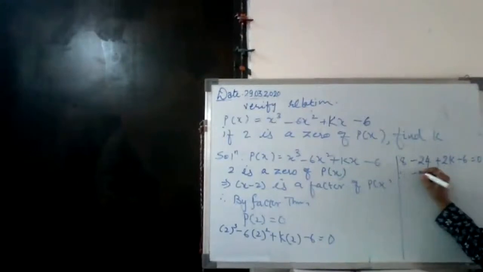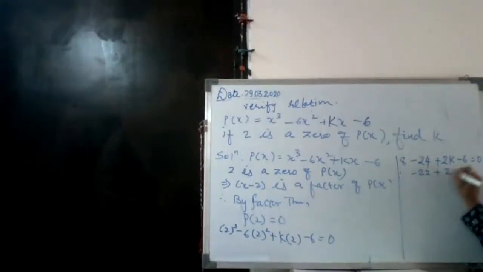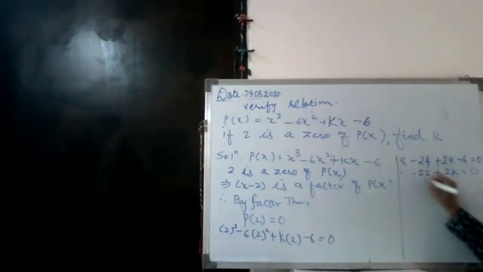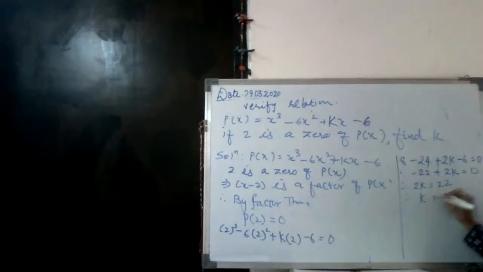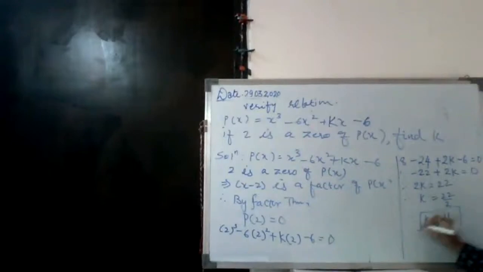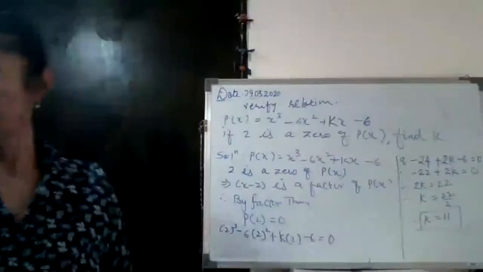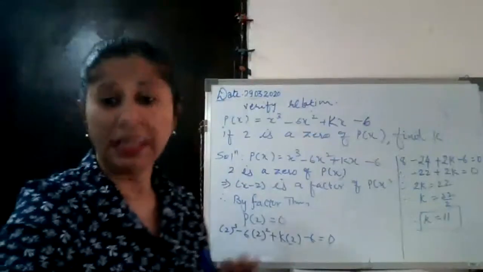Okay, so minus 22 plus 2k is equal to 0. And I bring this here. And hence we get k is equal to 11. 11 is correct. Yes, 11 is the correct answer. Okay, yes, k is equal to 11.